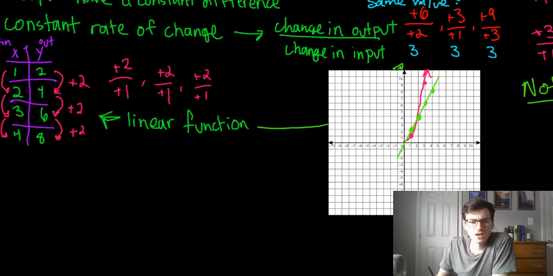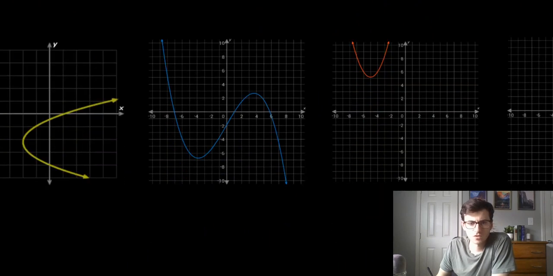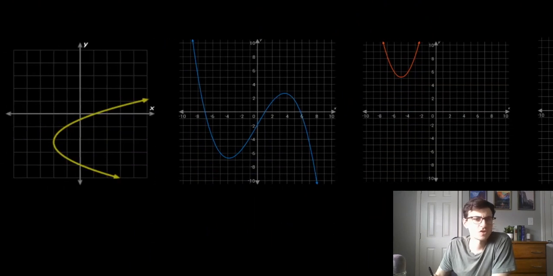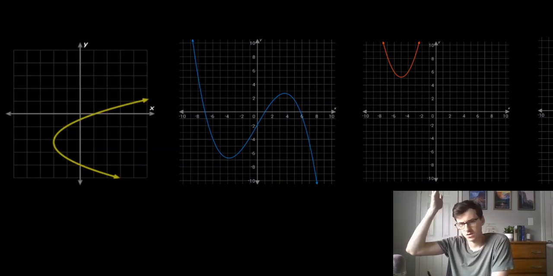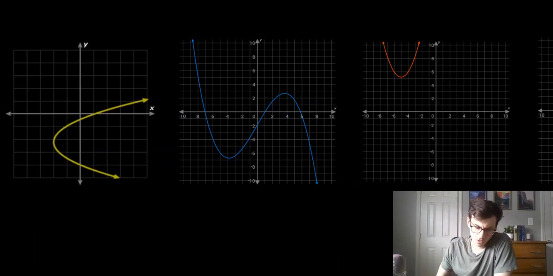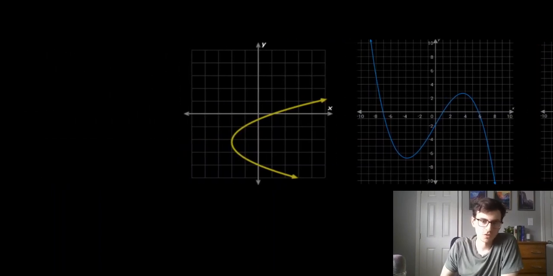And let's look at that as a graph. So I got some graphs for us down here. Let's look at some graphs of functions that are linear or maybe aren't linear. Okay, so you need to ask yourself 2 questions when you're looking for linear graphs.